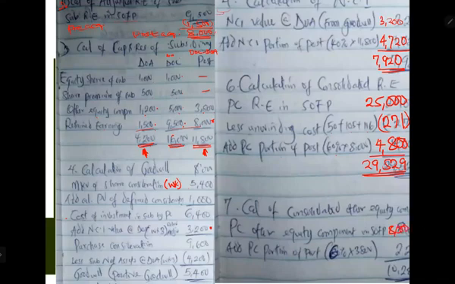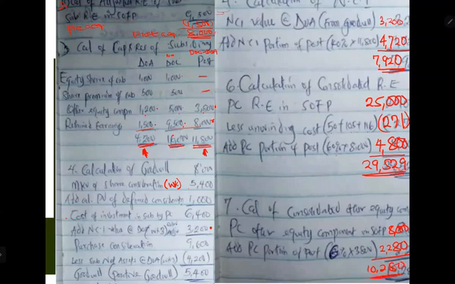Then you will have share of post-acquisition. Share of post-acquisition of the parent is 60% of 3,800, and that gives us 2,280. If you add the two together, you'll have 10,280.